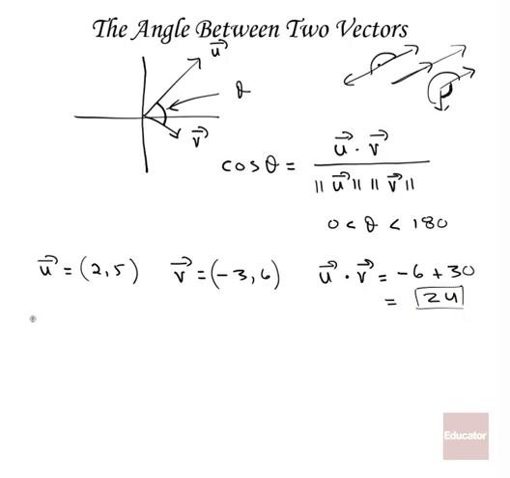And now the magnitude of u is going to be 2 squared, which is 4, plus 5 squared, which is 25, all under the radical sign, which is radical 29. The magnitude of v is negative 3 squared, which is 9, plus 6 squared, which is 36.